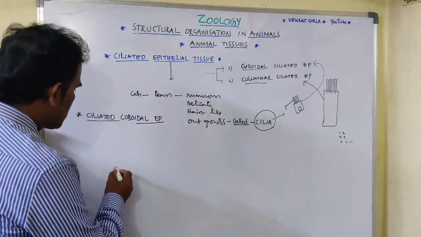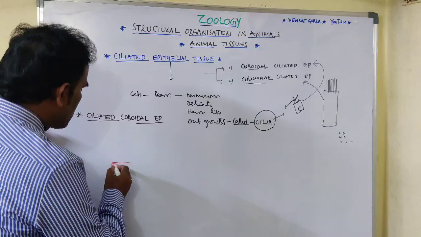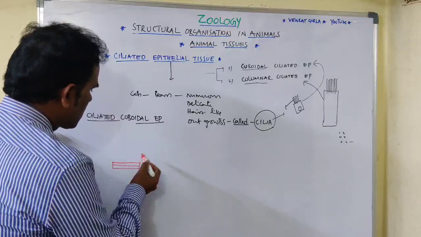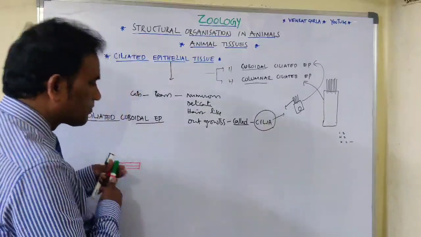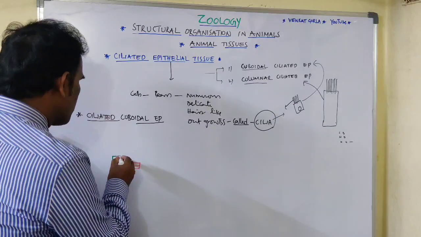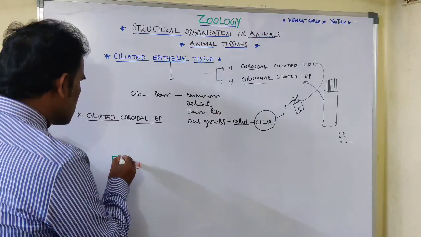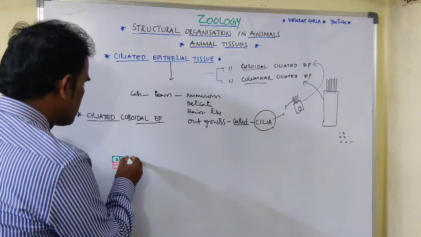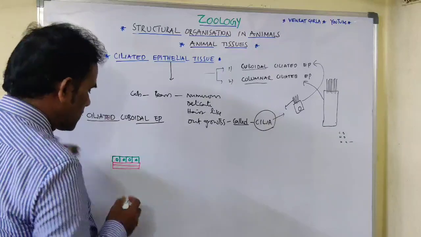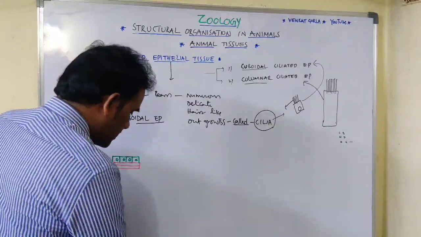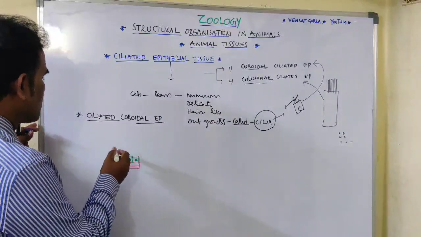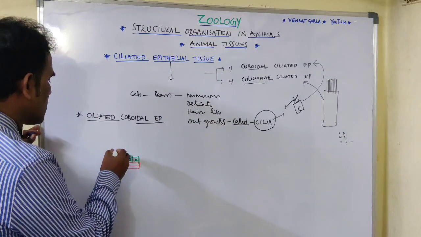The cells lie on the basement membrane. The cells are cube in shape, and the free surface of the cells has cilia.